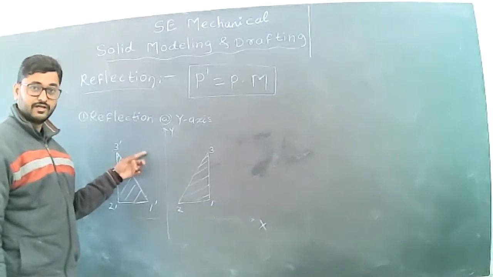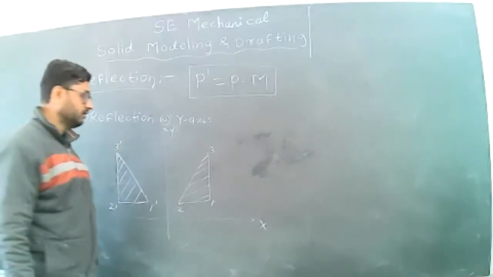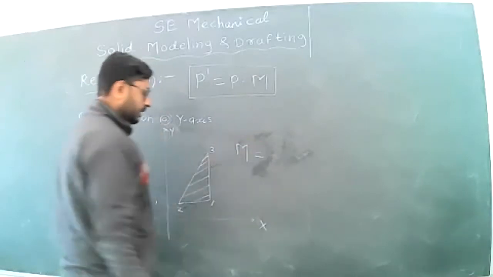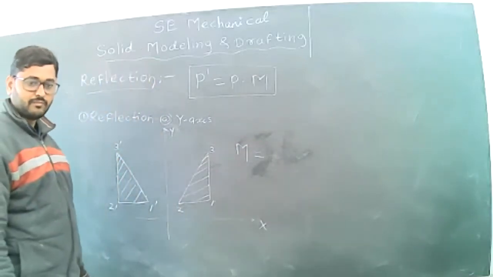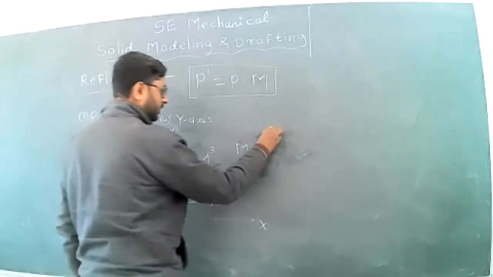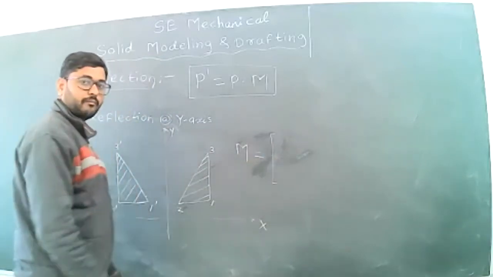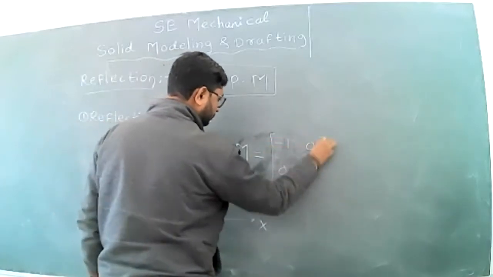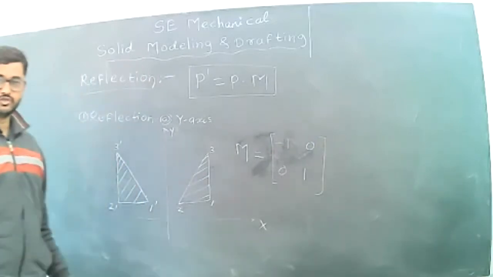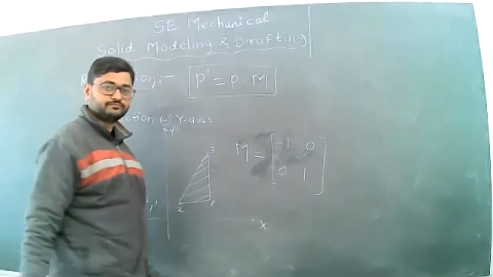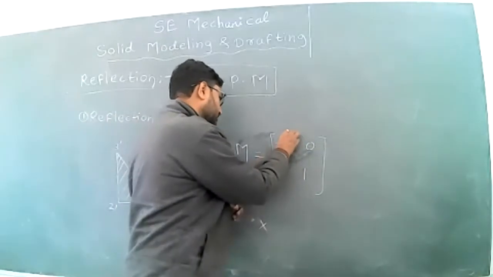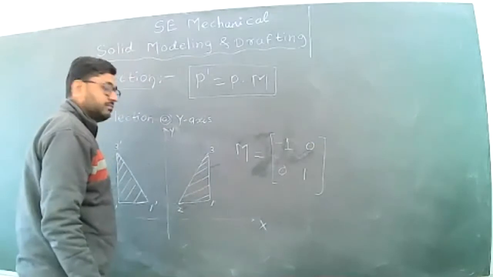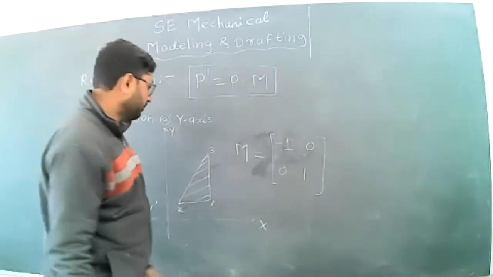So for this particular case, the reflection parameter M is equal to minus 1 0 0 1. How does it become minus 1?